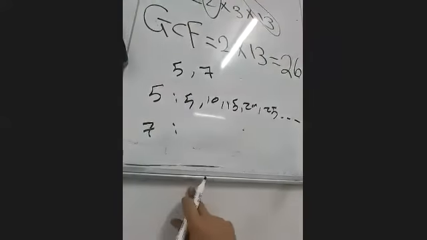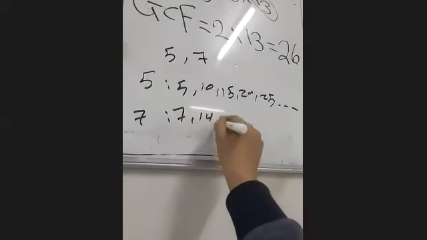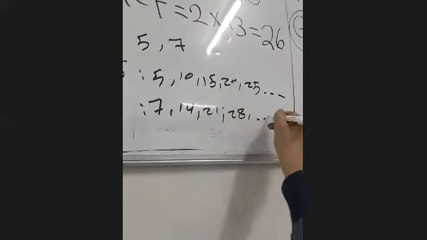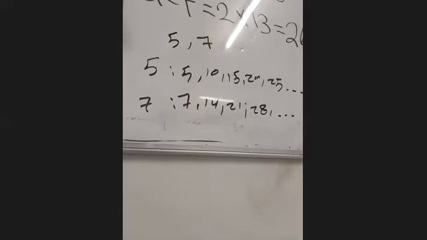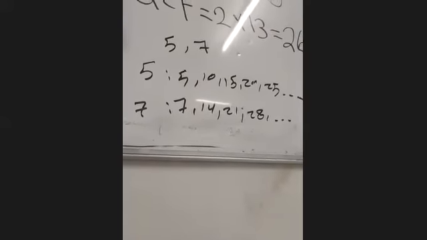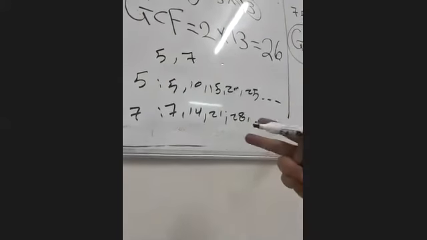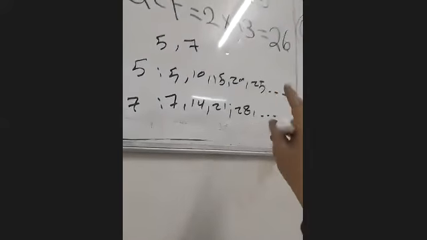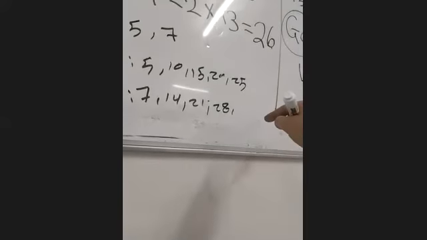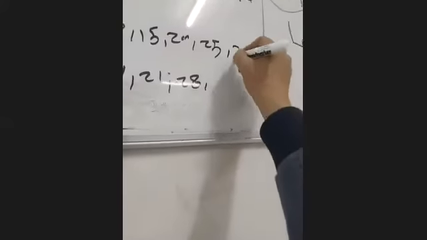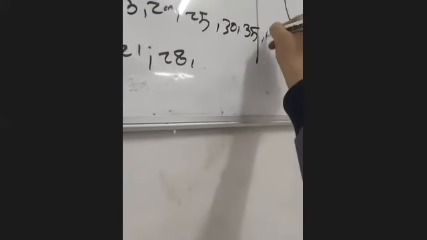Give me multiples of 7: 7, 14, 21, 28. Do we have a common multiple until now? No. If no, we continue until we find the common one. Then 30, 35, 40, 45.